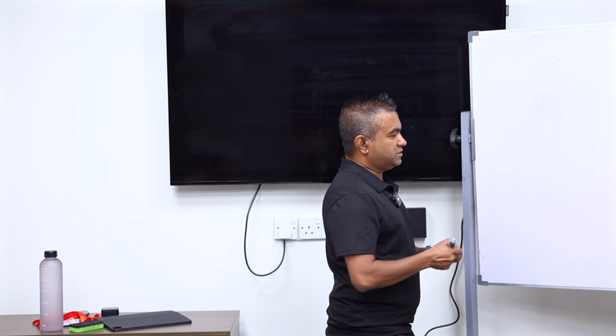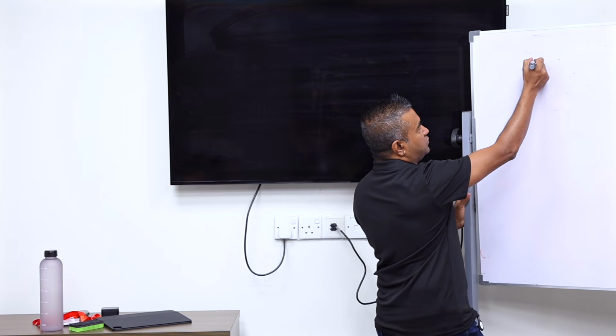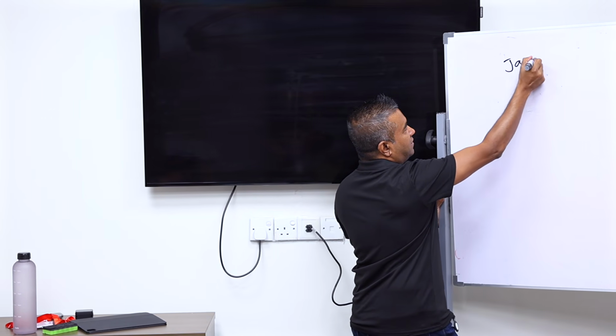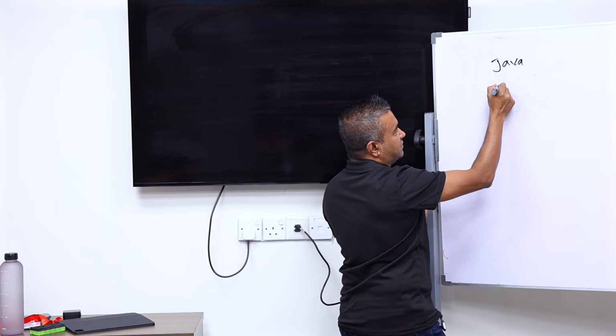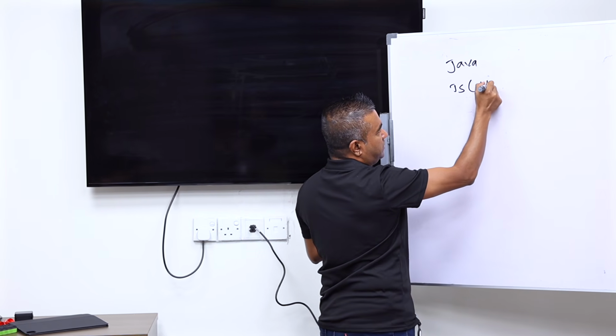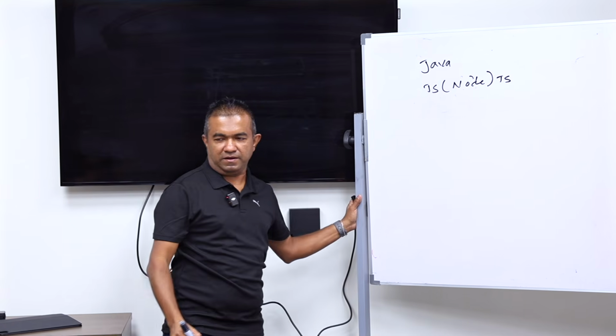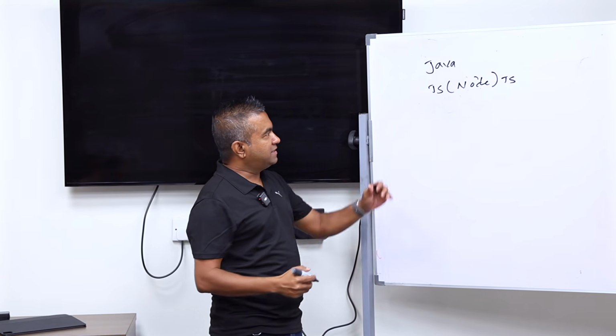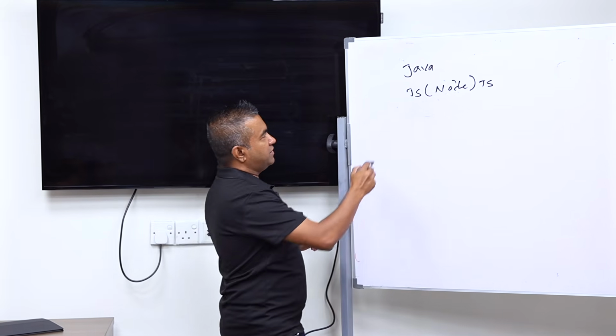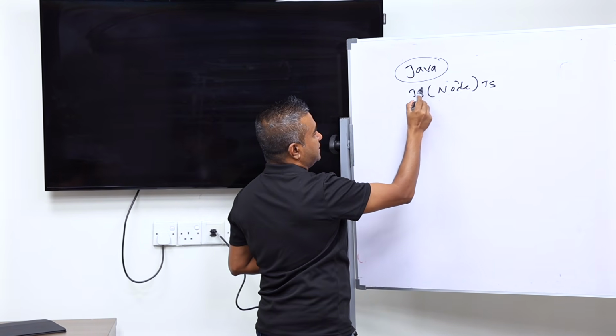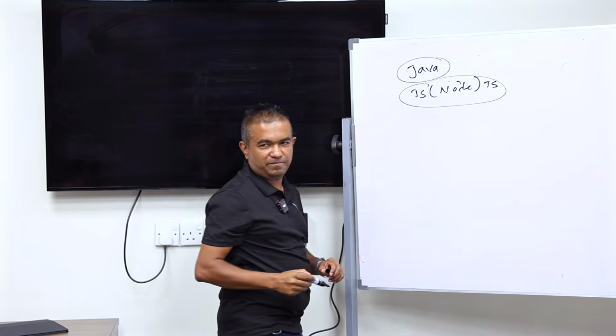I told you throughout this course we are using two languages. One is Java, another one is JavaScript as Node, probably through TS. Why two different things? Because this serves a different purpose and this serves a different purpose.